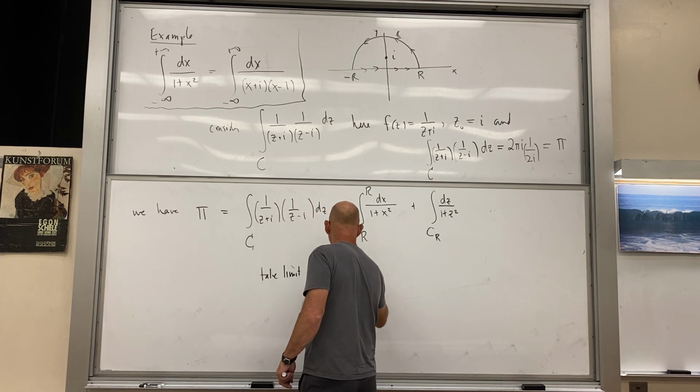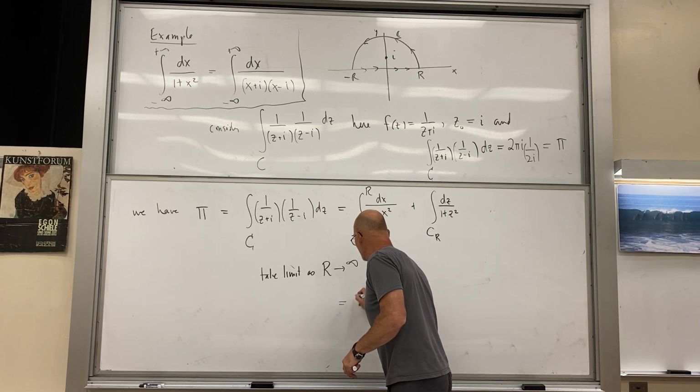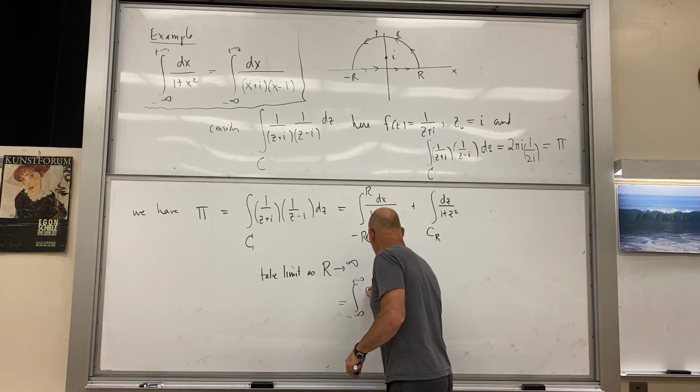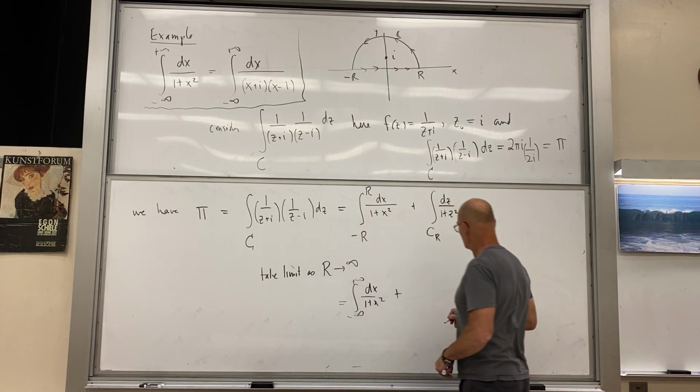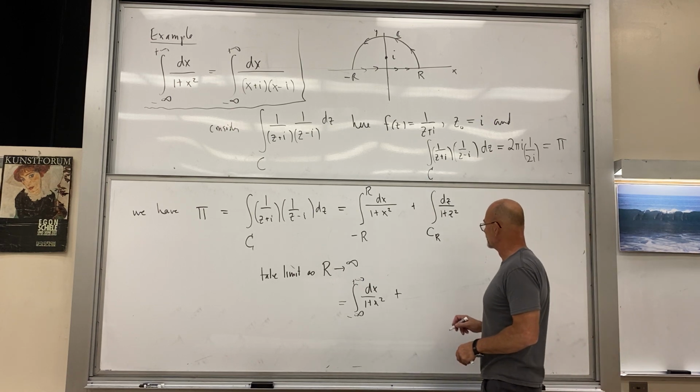as R goes to infinity, and then we get the one we're looking for, the integral from minus infinity to plus infinity of dx over 1 plus x squared, plus something that vanishes.